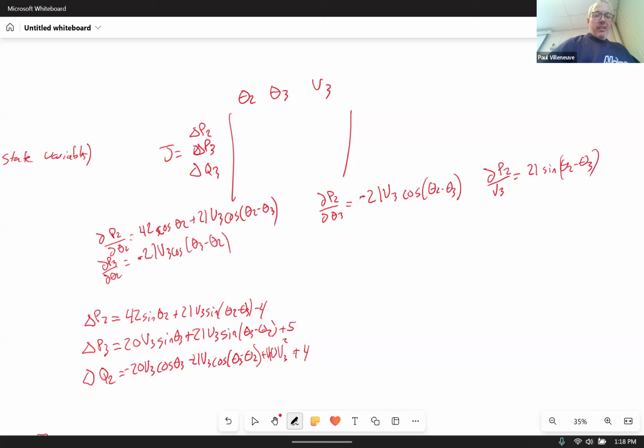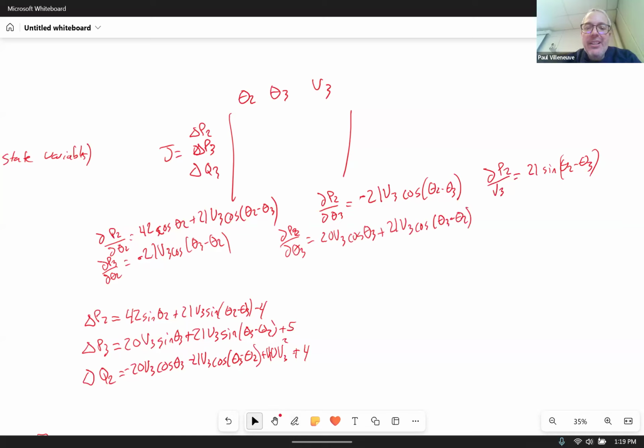It's our first equation. Our second equation, this is P3, with respect to theta 3. That's going to be 20 V3 cosine theta 3 plus 21 V3 cosine theta 3 minus theta 2, and that's it.